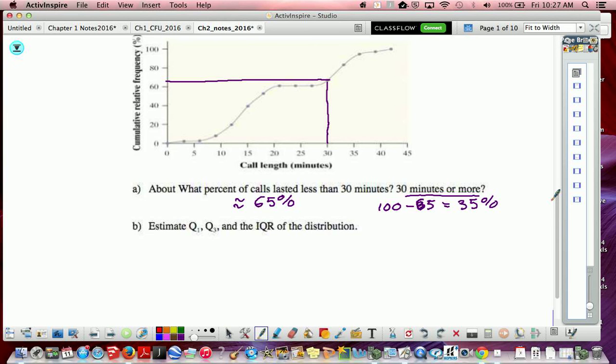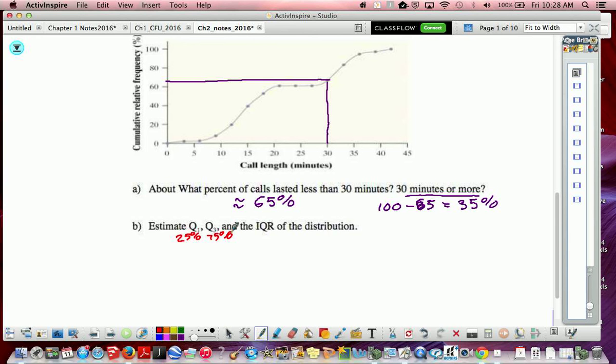Part B says, estimate Q1, Q3, and the interquartile range of this distribution. Q1 is what percentile? 25. And Q3 is? So what I have to do is work backwards. Here I was taking a call length, finding the percentile or percentage. Here I have the percentage. I need to figure out the call length.